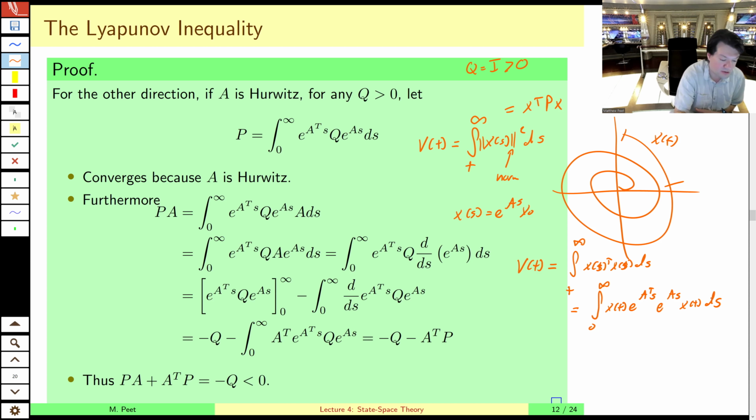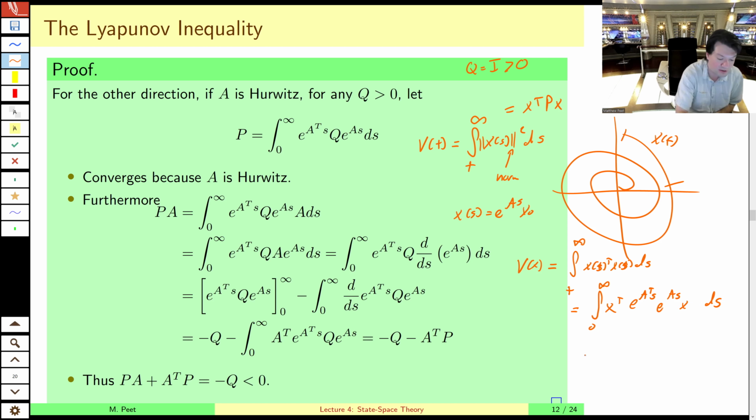And here, because we're starting at 0, just make 0 the initial time, and so v of x is, just make that x. What's nice is, of course, x doesn't depend on s.